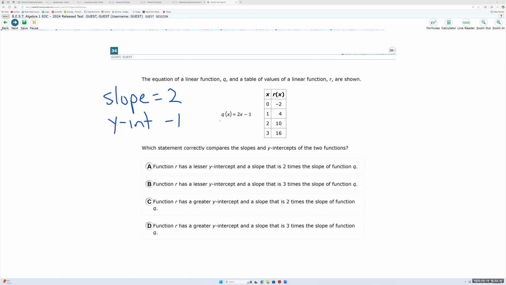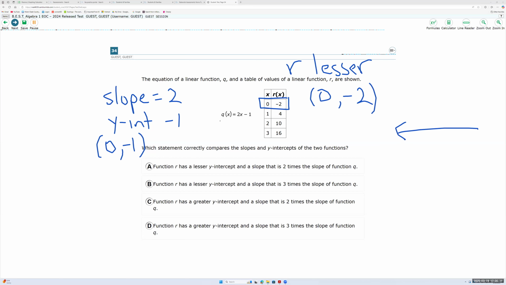Which in reality is 0 for x, -1 for y. Here we have the y-intercept right there, 0 and -2. Because we go to negatives, -2 is a lesser y-intercept. So the r has the lesser y-intercept, as -2 is less than -1.